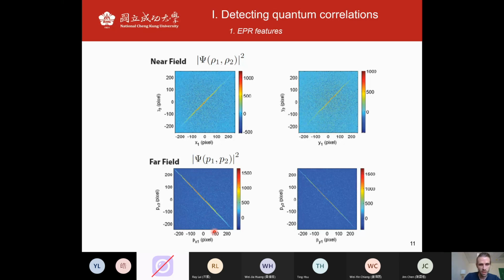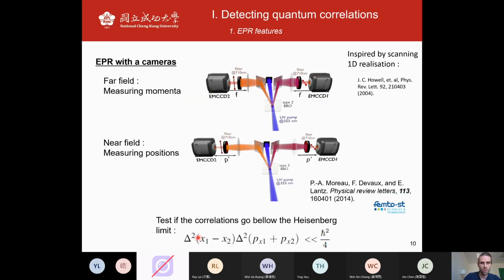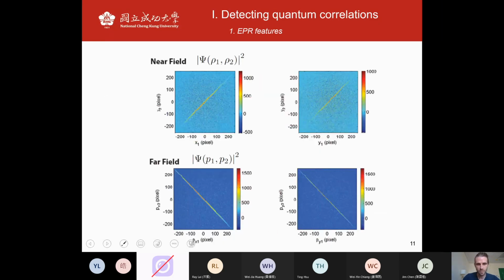So as I was saying, if you detect photon 1 at position 100, on pixel 100, you detect photon 2 at position minus 100. And actually, the width along this line of those quantities is linked to the variance that you have here.